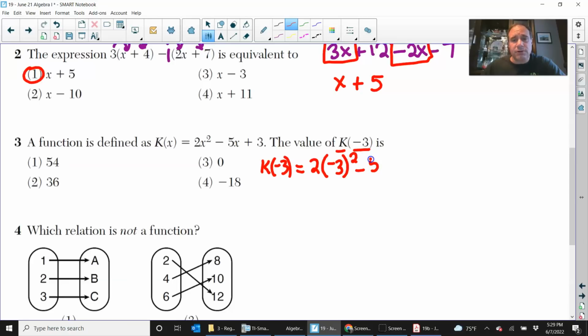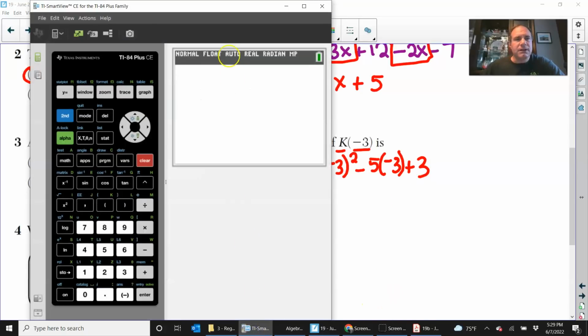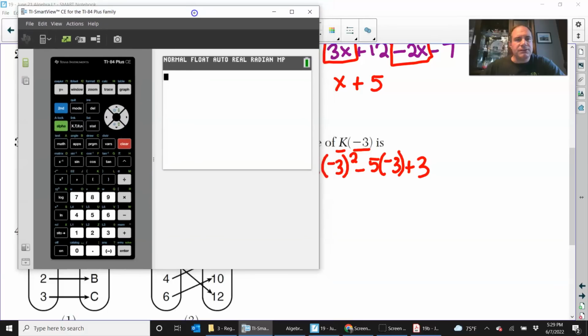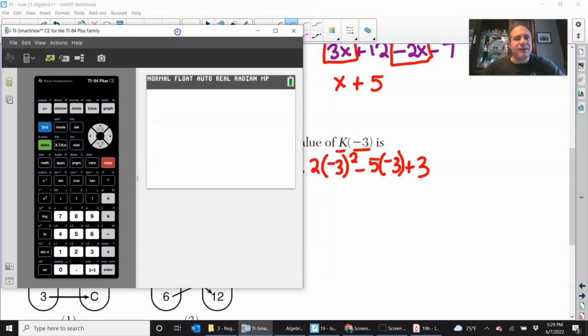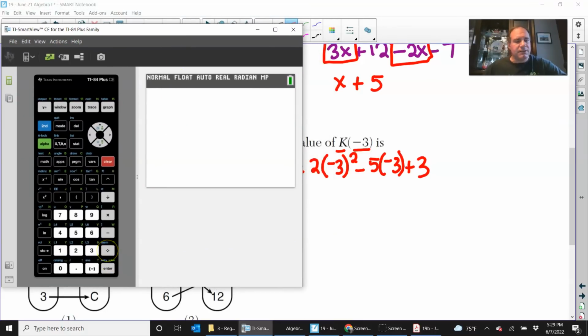This is your work. For a multiple choice question, you don't need to show work, but I am going to tell you to grab your calculator, and once you put this into your calculator, it becomes very, very easy to do. So we are going to do that.